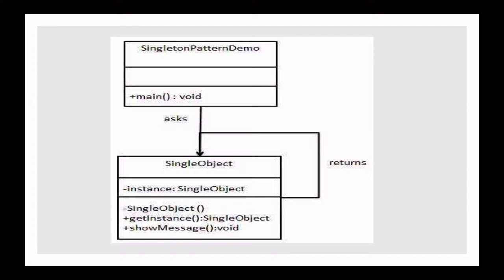And the way we do this is by preventing access to the constructor. Also, the way we implement the get instance method is if and only if the instance of the singleton has not been initialized, initialize it and then return it, else return the already instantiated object.